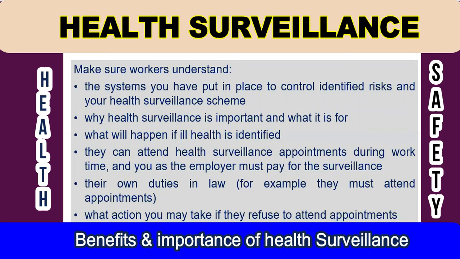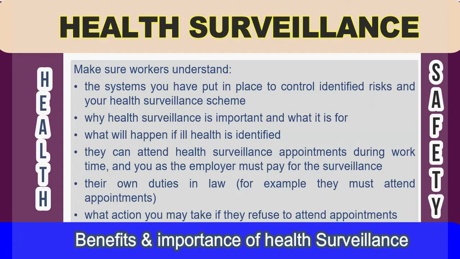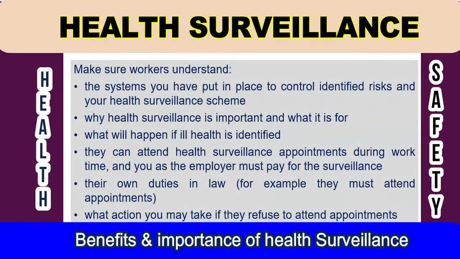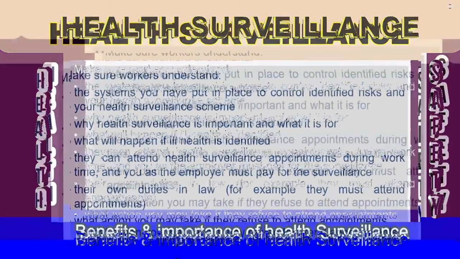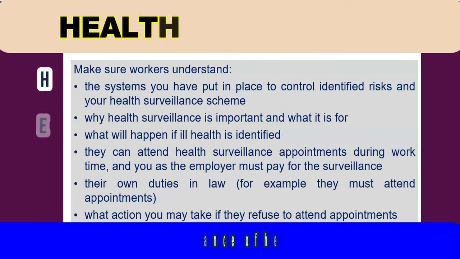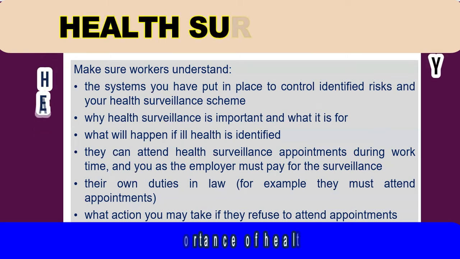And secondly, it is also your responsibility to make sure your workers understand the systems you have put in place to control identified risks and your health surveillance scheme. Why health surveillance is important and what is it for? What will happen if ill health is identified?